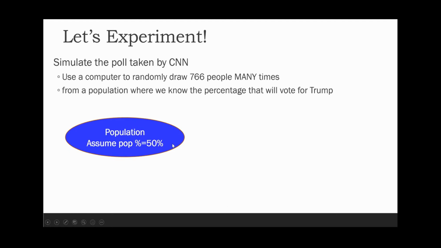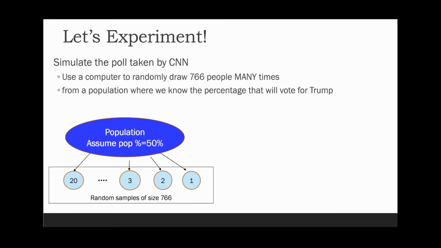So let's suppose that 50% of the population would say vote for Trump. And we kept on taking random samples of 766 people and computing the sample percentage from that, and then putting it back in and doing this over and over and over again. So we had all of these random samples that had the same size. And what we were really interested in was the sample percentage from each of those samples.